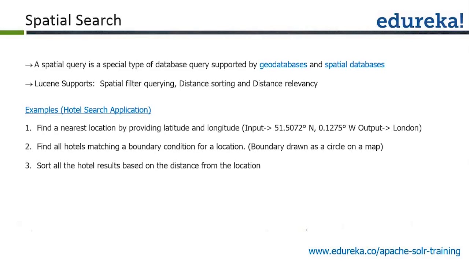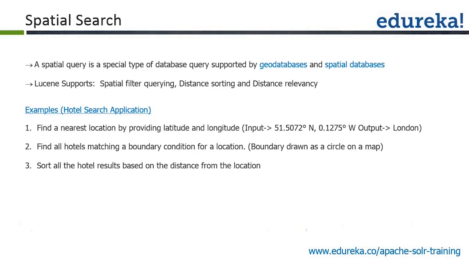The spatial search is very important. Say for example, if your application is searching based on maps or locations, where I need to find all the nearest hotels within a 5-kilometer radius from the airport. In those cases we have to use spatial search, where you assign lat long, and you know the airport's lat long.